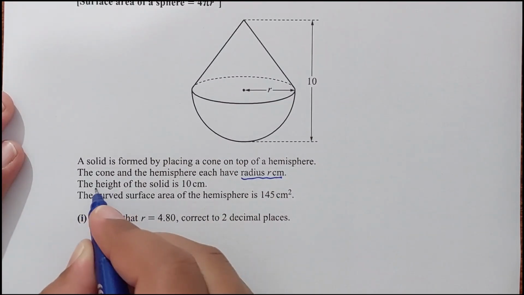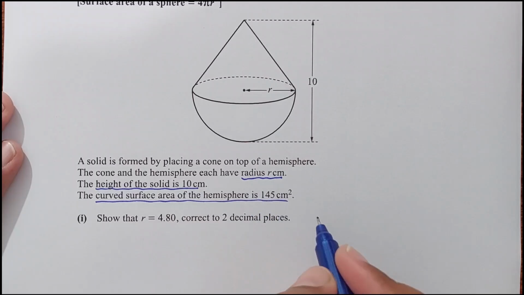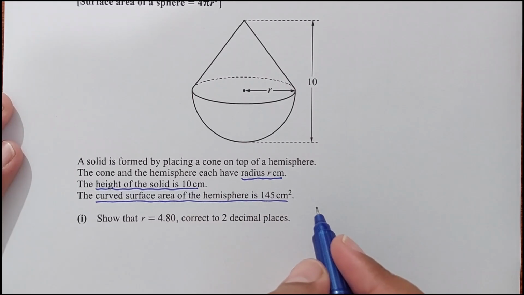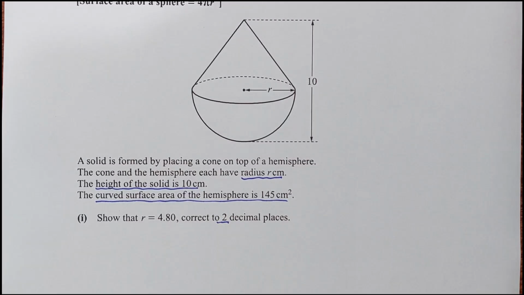The curved surface area of the hemisphere is 145 centimeter square. Number 1, show that the radius is 4.80, correct to 2 decimal places.